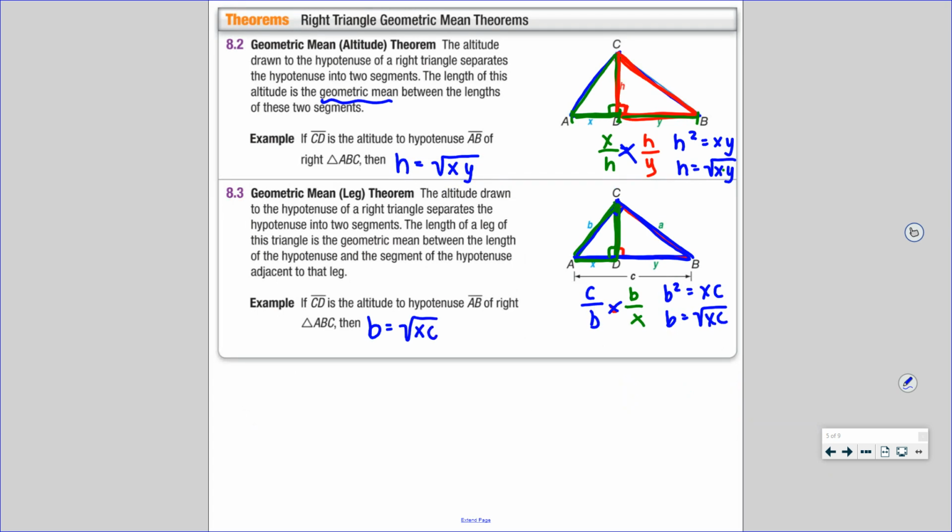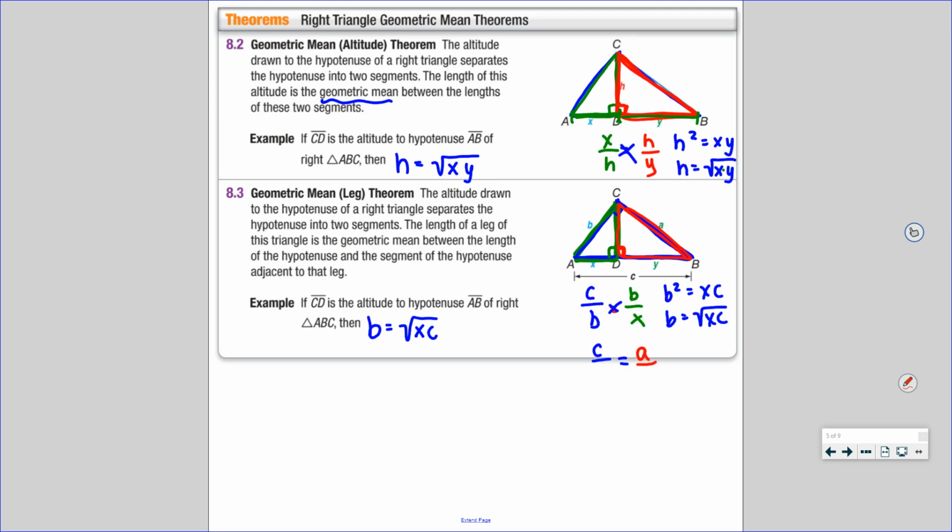Okay, one more little proof for A. Very similar, same exact idea. So now looking at my red triangle, the hypotenuse C of the big triangle corresponds to A in my red triangle. Oops, A goes up here.